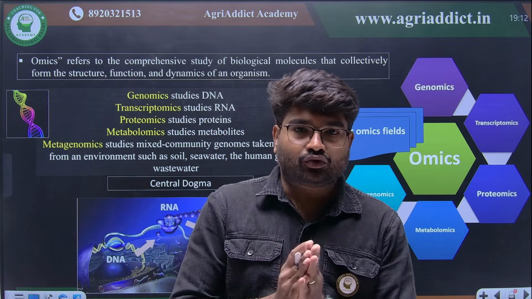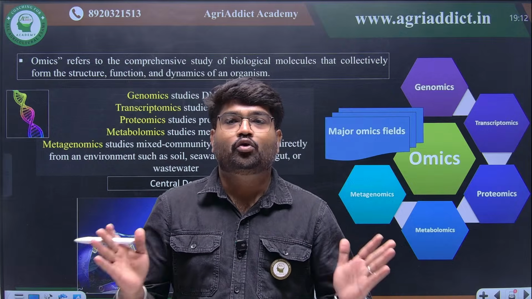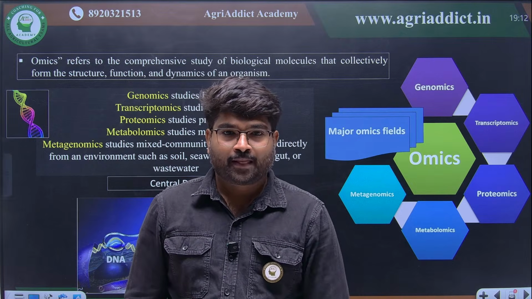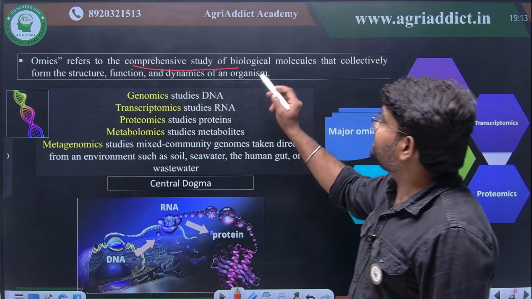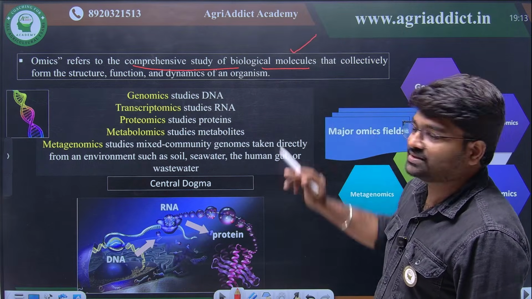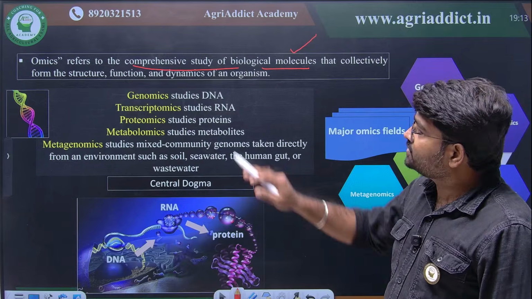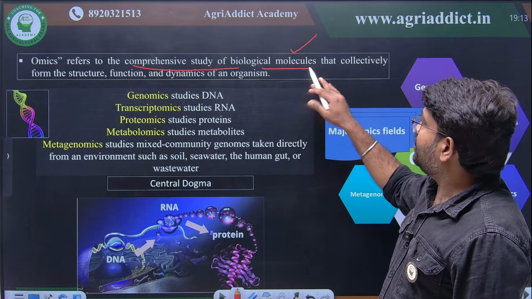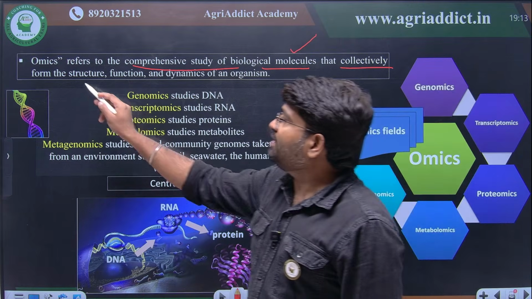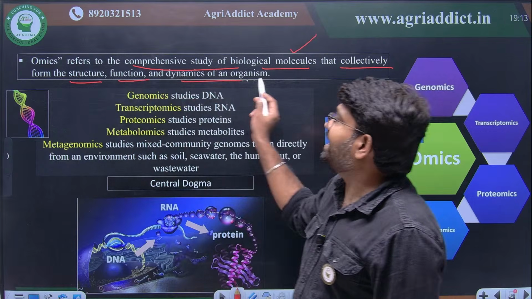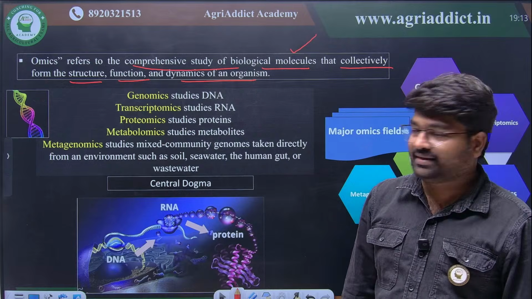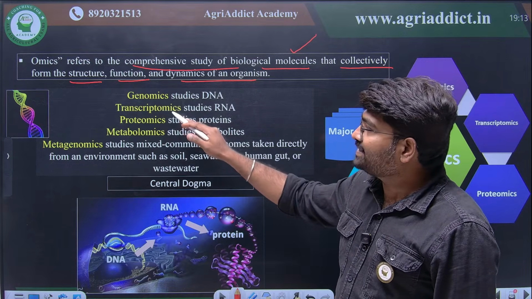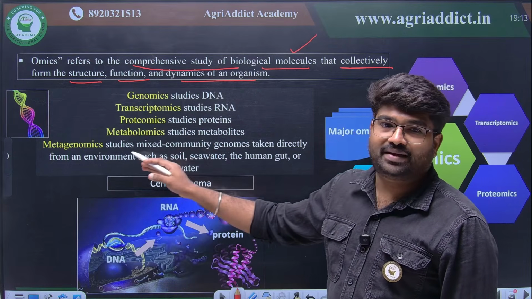So omics, there are different omics technologies. Omics means a comprehensive study of biological macromolecules that collectively form the structure, function, and dynamics of an organism. There are different classes of omics: genomics, transcriptomics, proteomics, metabolomics, and metagenomics.